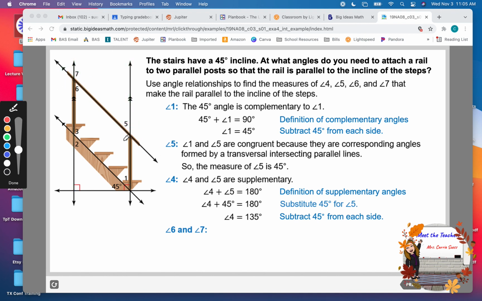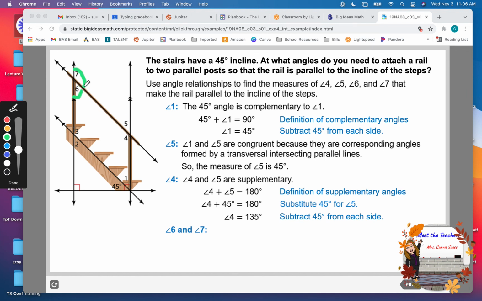Yes, ma'am. 5 is vertical to this one, right? I know it doesn't have a number, but you follow? So 5 is vertical to here, which means they're the same angle. So would that make 6 and this one corresponding? Yes, ma'am. So what was 5? 45, so that means 6 is 45 degrees.